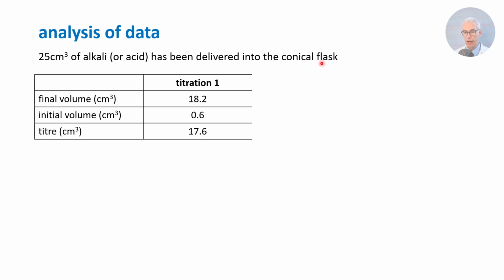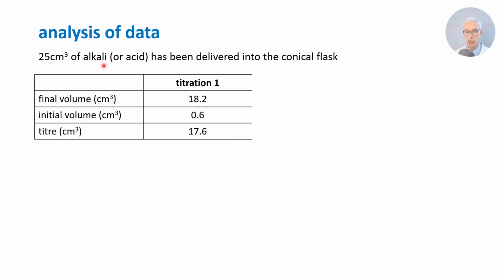We then carry out the titration to the end point, and we have recorded the final volume of acid in the burette, and we've also recorded the initial volume, which may be 0.0, but it also may be 0.6, whatever it is. So record the initial volume and the final volume. The difference between the two, of course, is the volume of acid delivered.